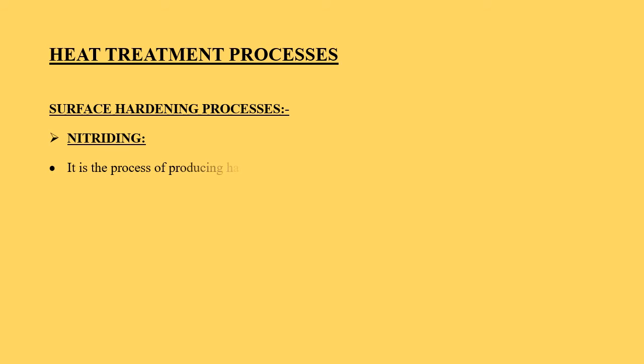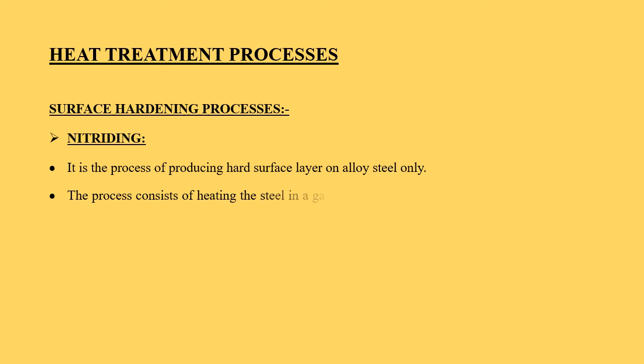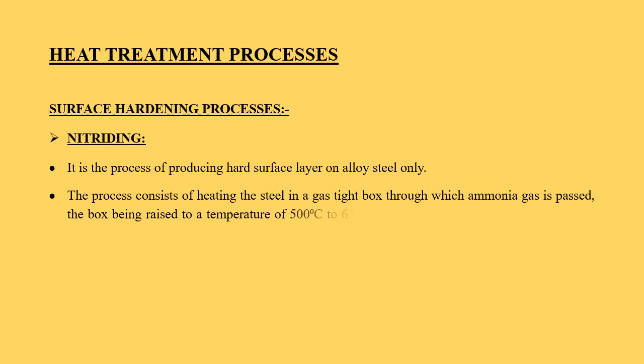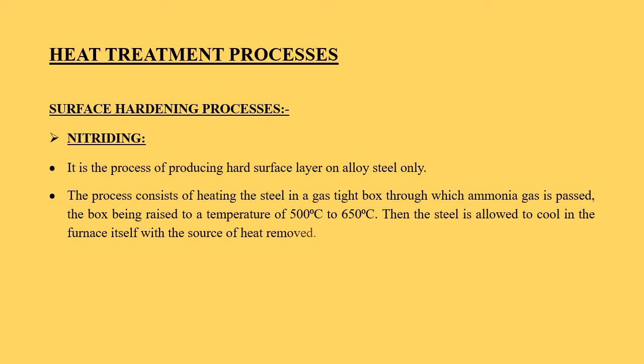Nitriding is the process of producing a hard surface layer on alloy steels. In this process, the steel is heated in a gas-tight box through which ammonia gas is passed. The box is raised to a temperature of about 500 to 650 degrees centigrade, then the steel is allowed to cool in the furnace itself with the source of heat removed.